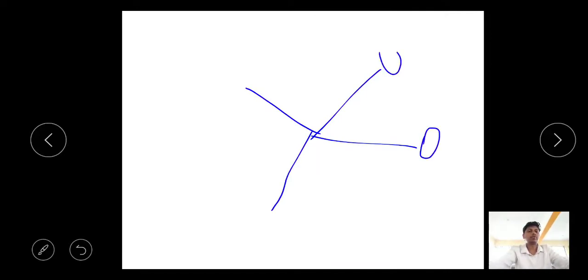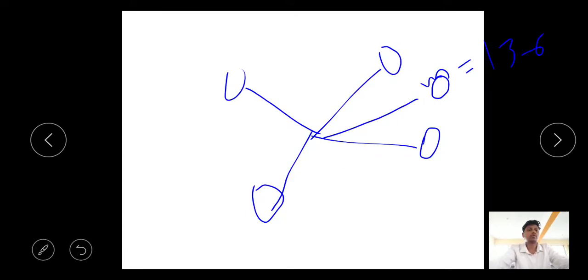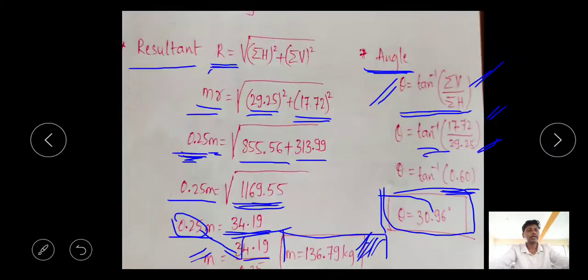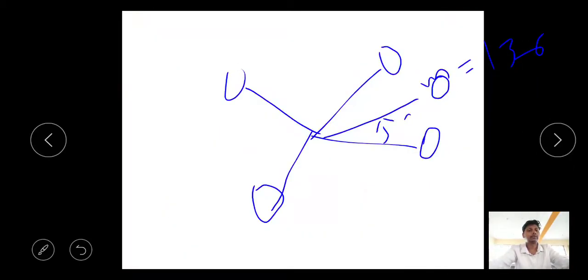Now see, if you are taking four masses, this is m1, m2, m3 and m4. These four masses m1, m2, m3 and m4 can be balanced by one mass m of 136 kg, at an angle of, how much angle are you getting? 30.96.